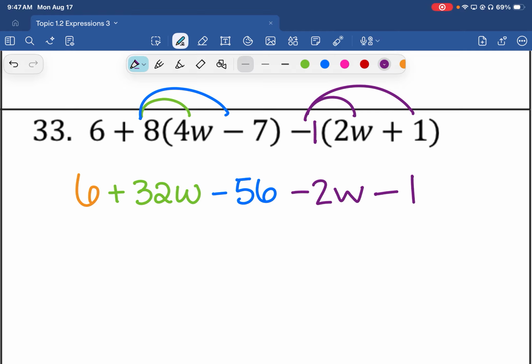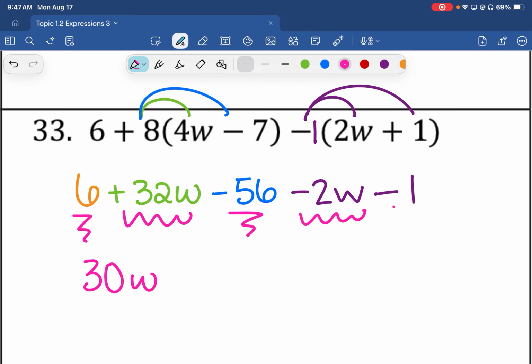What are our like terms? 32W and negative 2W, which gives us, what else? 6, negative 56, and negative 1. And if we combine those, what do we get? And it is negative 51.